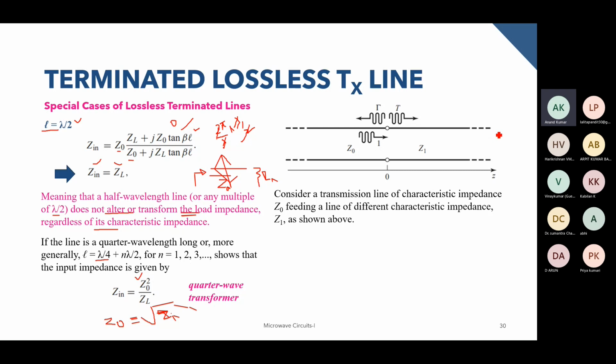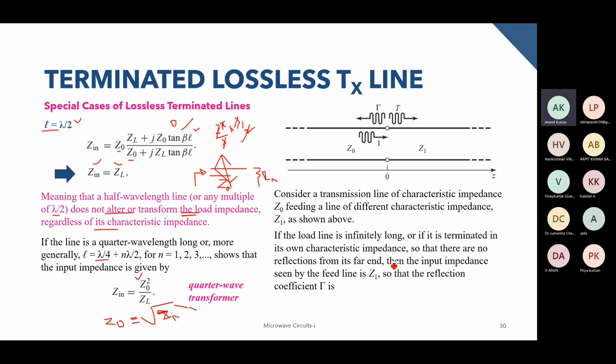If this second line is very long, infinitely long, or terminated in Z1 itself, what will happen at the interface where Z naught ends and Z1 begins? We will have an impedance mismatch over here, and we'll look into the mathematics involved.